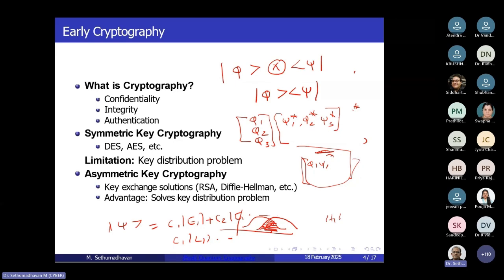So many people have started doing research on modification of the Grover algorithm, and to understand all those things you require all this maths, the Hilbert space, the vector space ideas that I explained.